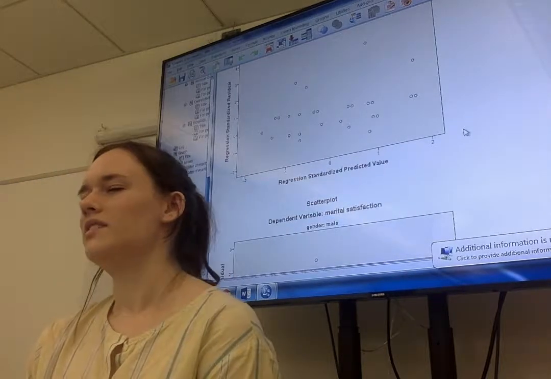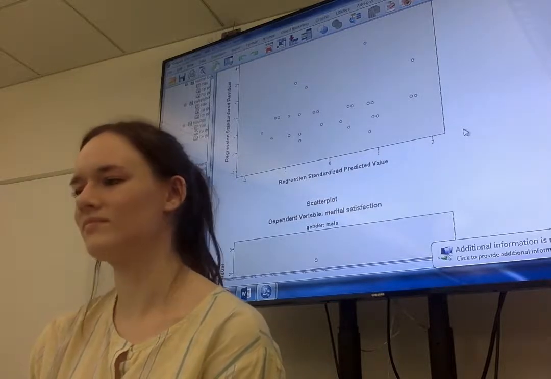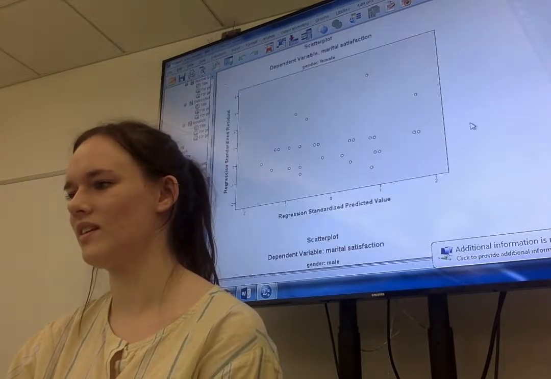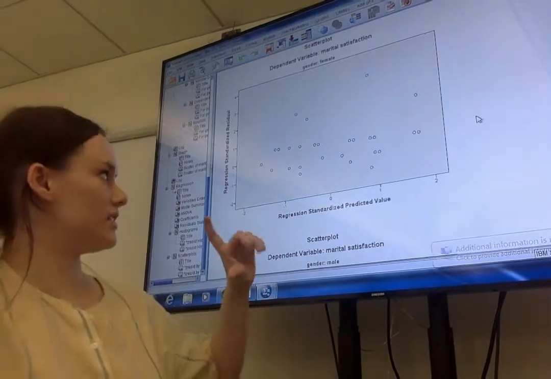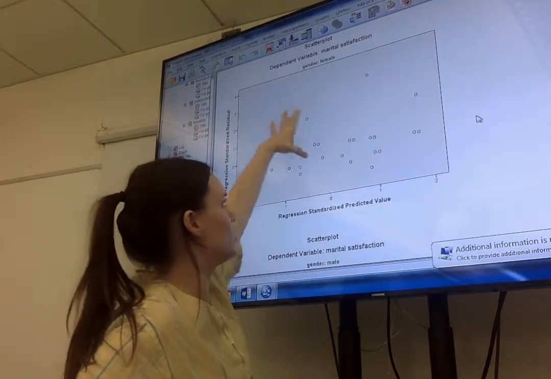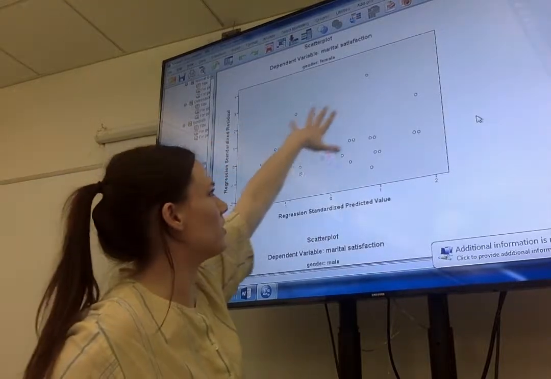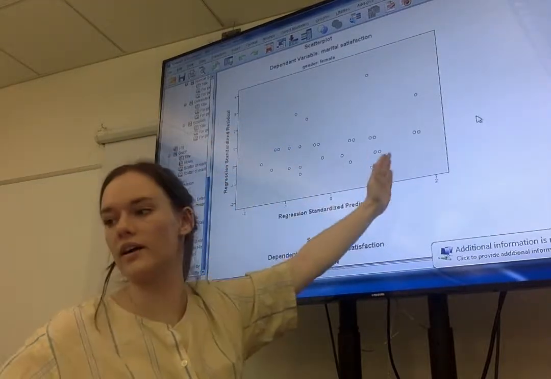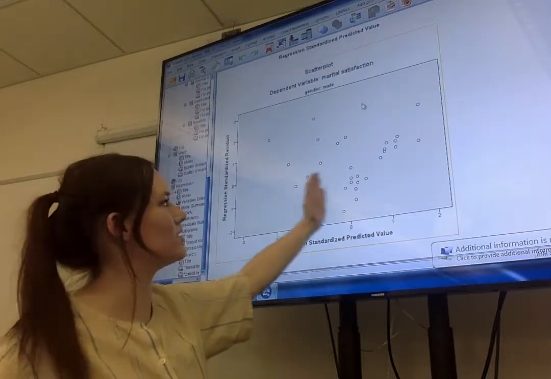Does that make sense? We're looking at homoscedasticity and linearity, and the differences between them. For homoscedasticity, we look at the relation of the plot points to one another and whether it's even. This is pretty okay going across horizontally, and this one is pretty okay as well.